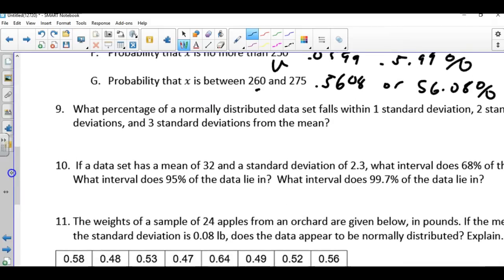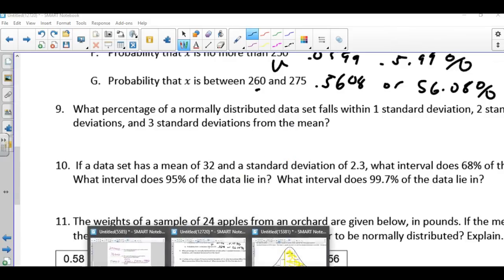Now for this one, it says what percentage of the normal distribution data set falls within 1 standard deviation, 2 standard deviations, and 3 standard deviations from the mean. Let me go back over here to this other slide.